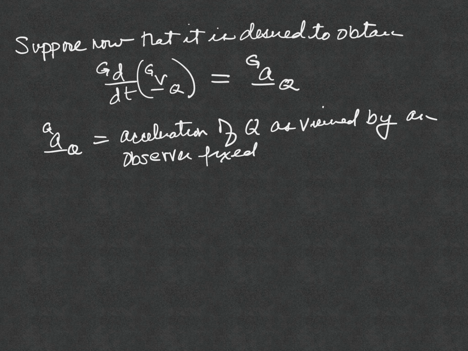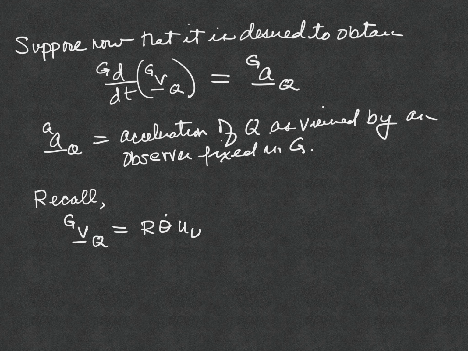But now let's start again with the velocity of point Q as viewed by an observer fixed to the ground. So recall the velocity of point Q in G is equal to R theta dot u theta.